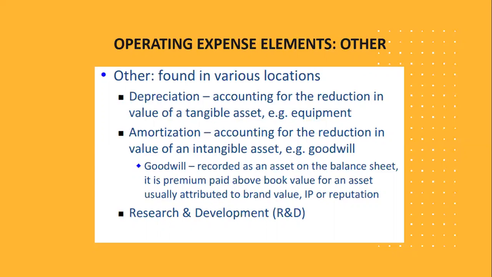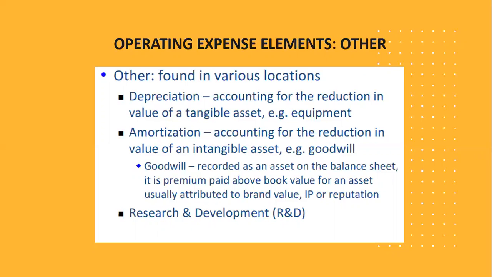A 2-year-old car is going to be priced even lower. So every year there is a decrease in the value of the car. That is a depreciation expense. Similarly, production machinery is also depreciated over a period of time, and that is captured on the income statement.